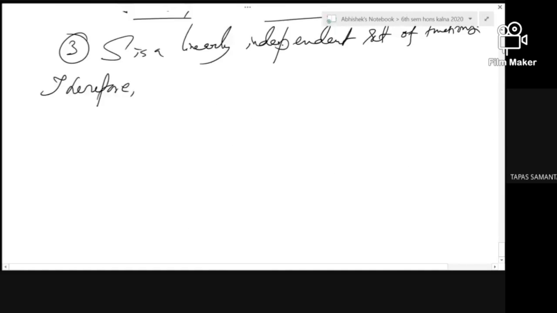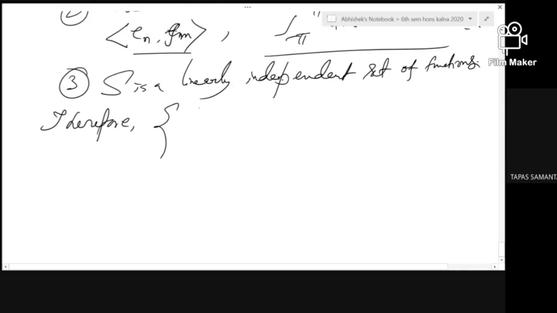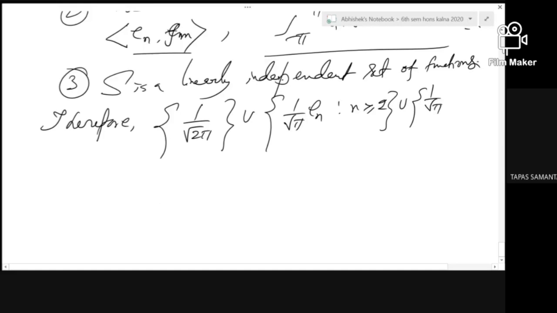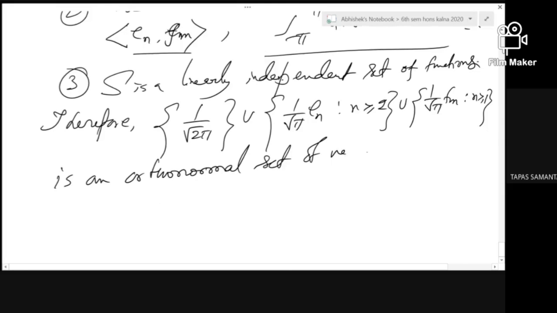So therefore, the set 1 by root over 2 pi union 1 by root pi En, n greater equal to 1, union 1 by root over pi Fm, m greater equal to 1, is an orthonormal set of vectors in C minus pi to pi.